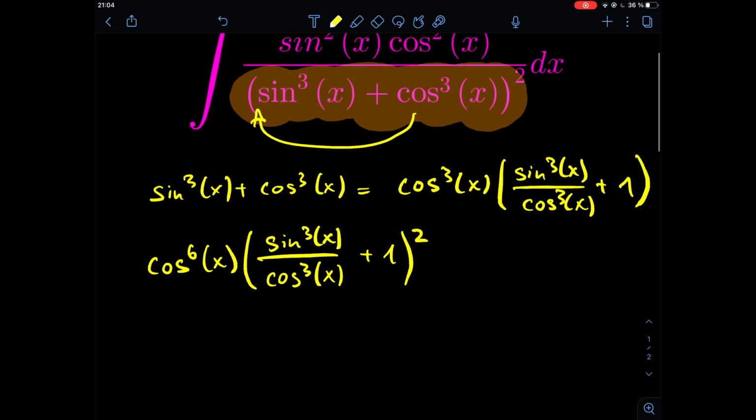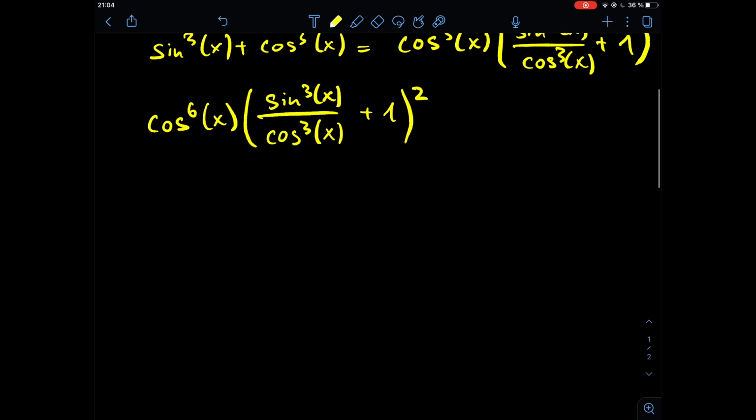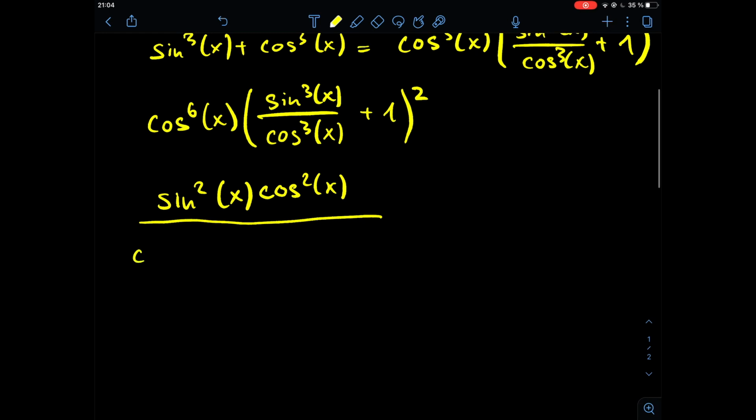Alright, so how can we use that now to simplify the whole integrand a little bit, to bring it into a form where we can substitute something? Well, we write the whole fraction as sine squared of x times cosine squared of x, divided by cosine to the power of 6 of x times the quantity tangent cubed of x plus 1, and the whole thing squared.